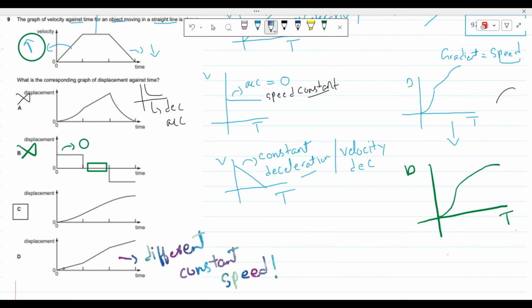Let me tell you. This is constant, this is also constant, this gradient is also constant. But what is our correct answer? The curves. They do not make the curves here, the increasing curve, the decreasing curve. That is why D is also incorrect, right?